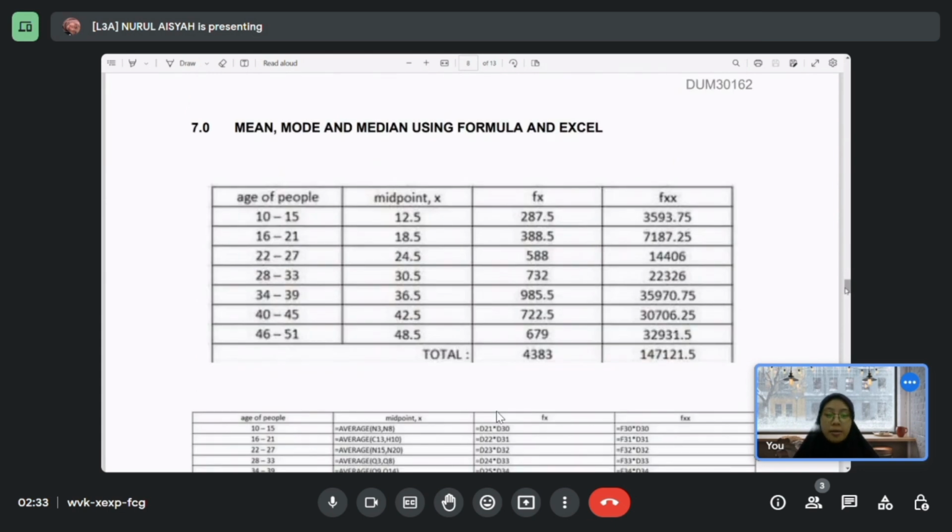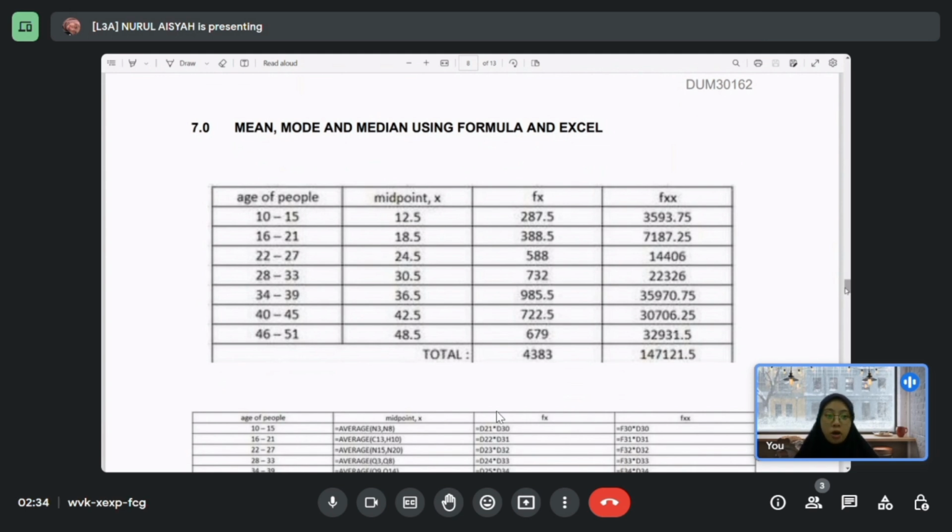Okay, next, x, the midpoint. To get the value of the midpoint, it is the upper class plus the lower class, divided by 2. The value of fx we can get by frequency multiplied by x.